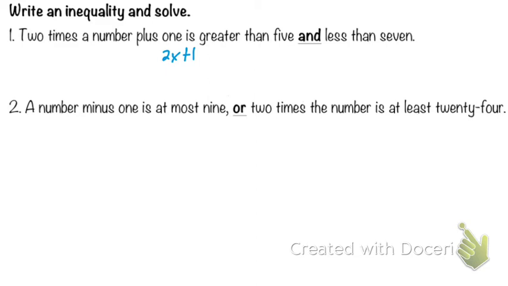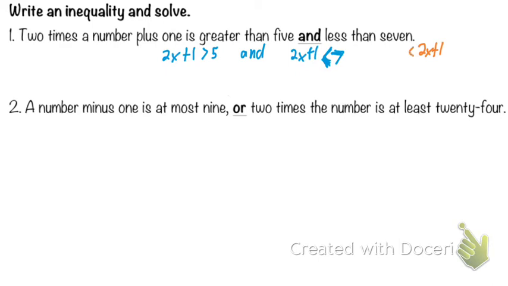Now we can write this one of two ways, and I'll show you both. We can write 2x plus 1 is greater than 5 and 2 times the number plus 1 is less than 7. The other way, I'll do it in orange, is combining them.